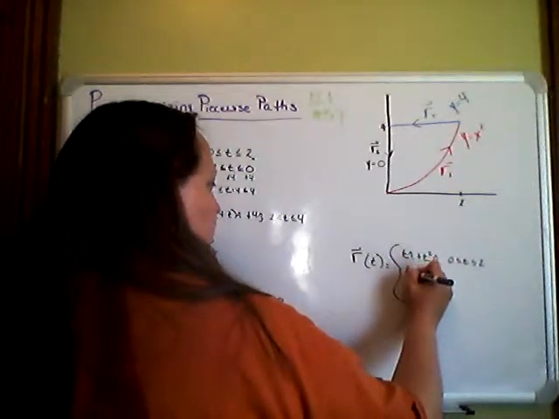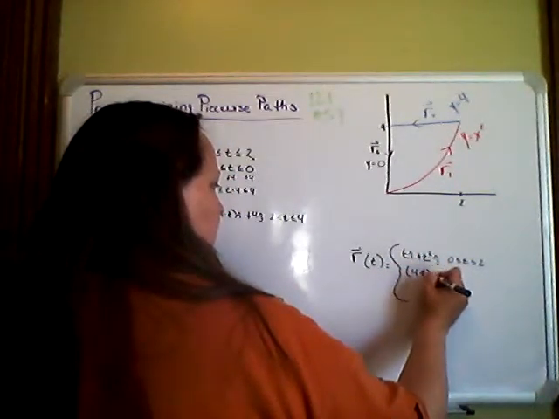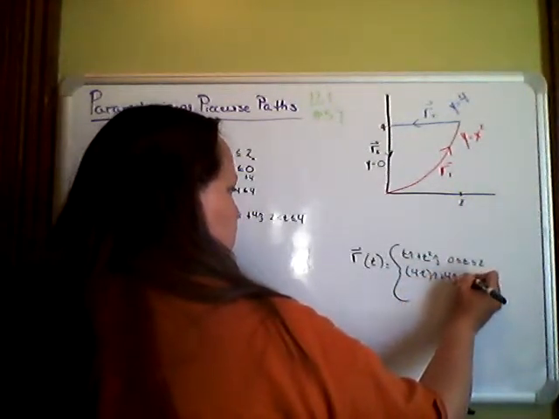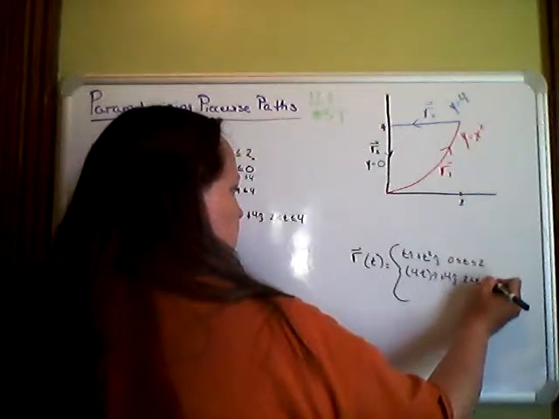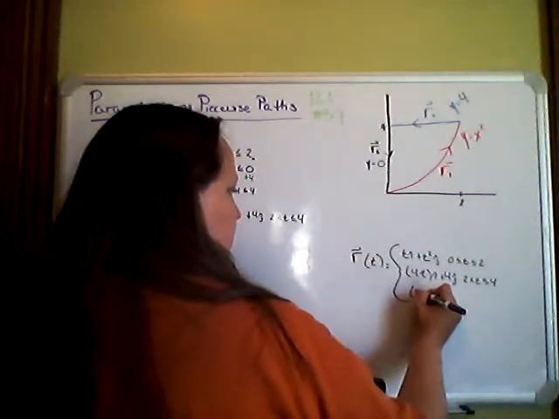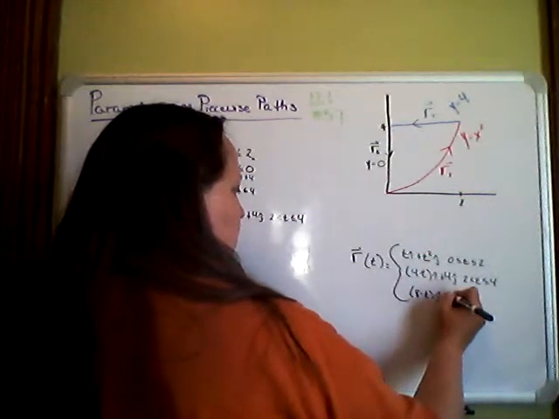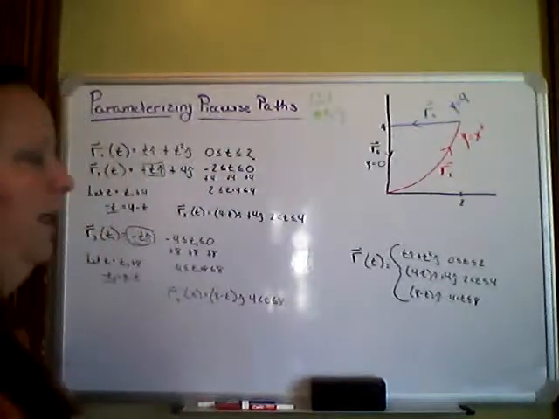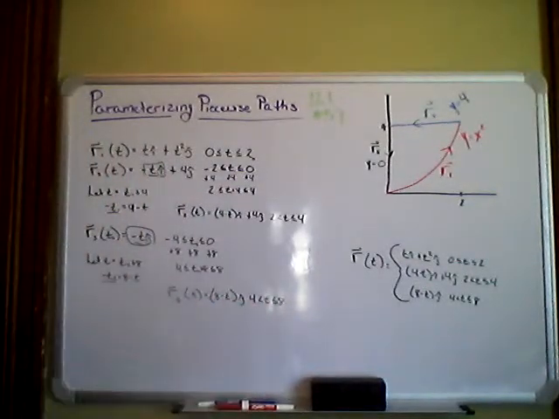And then 4 minus t i plus 4j from 2 to 4. And then finally, 8 minus t j going from 4 all the way to 8. And there you have it. We have parameterized a piecewise path using three separate vector-valued functions.